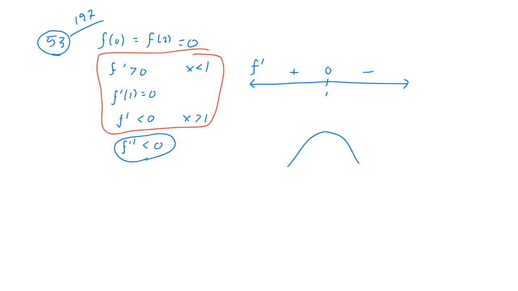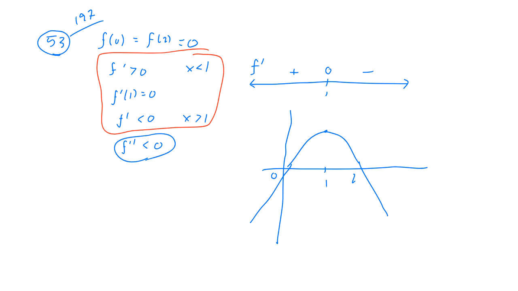So maybe I can put the axes in. I have to have an x-intercept at 0 and an x-intercept at 2. And then I have to have a relative maximum at 1.